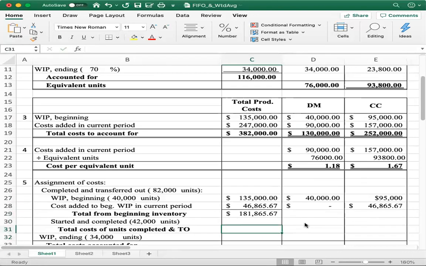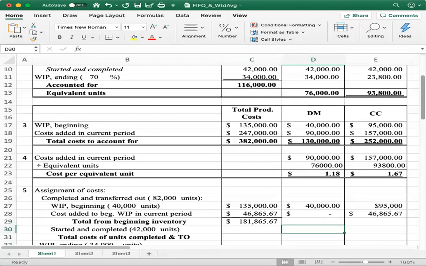Now, started and completed, how many units you started and completed during the period? So if you look at that, part 2 again, you started and completed 42,000 units. For direct material, 42,000 units for conversion cost. This is in cell D10 and E10. So what we are going to do here, we are going to multiply cell D10 by your cost per equivalent unit, which is D23.